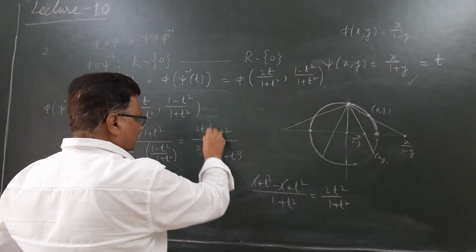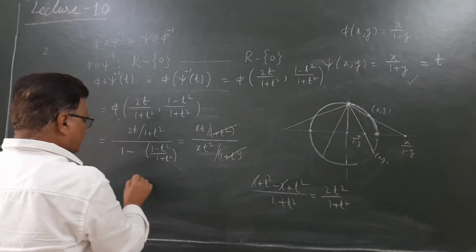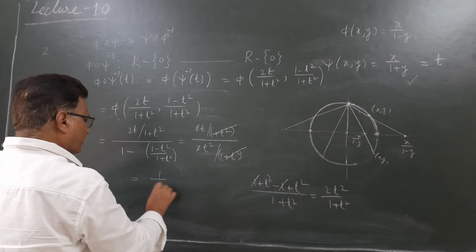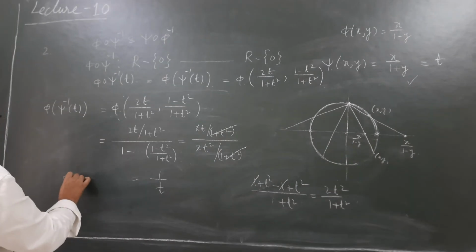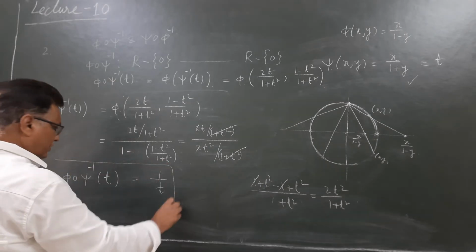So these are cancelled out. 2 will also be cancelled. This comes out to be 1 upon t. So phi composition psi inverse of t is simply 1 upon t.